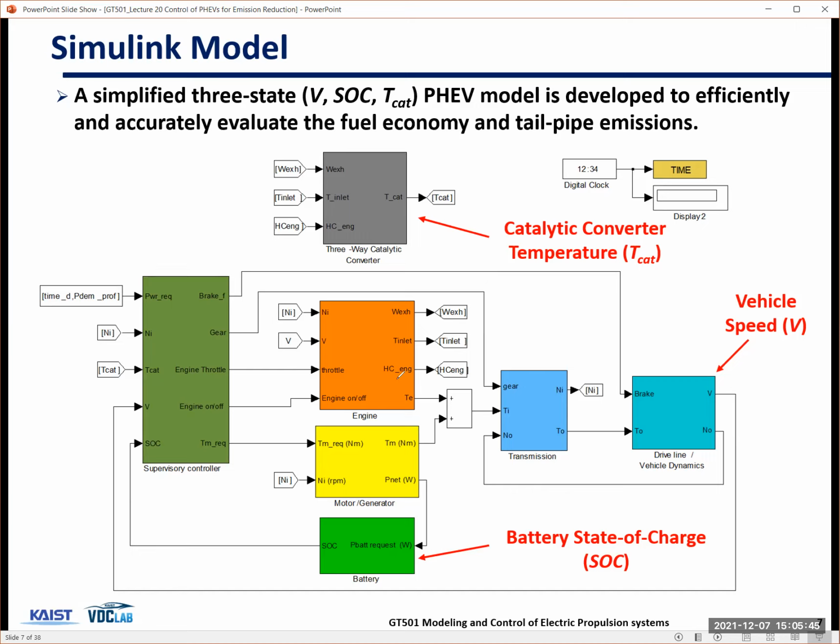First, we need to be able to compute these emission outputs, emission flow, how much harmful emissions are coming out, and then engine temperature. And then we also need a three-way catalytic converter model, which computes catalytic converter temperature and tailpipe emissions. Okay.